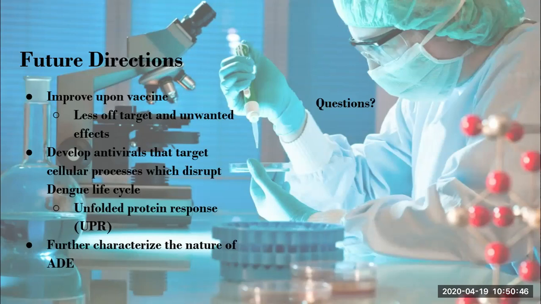Dengue primarily replicates in a substructure of the cell called the endoplasmic reticulum, or the ER. And if we can target the ER with drugs to maybe enhance some of its antiviral properties, then we can possibly get around needing a vaccine and treat with antivirals instead, or in conjunction.